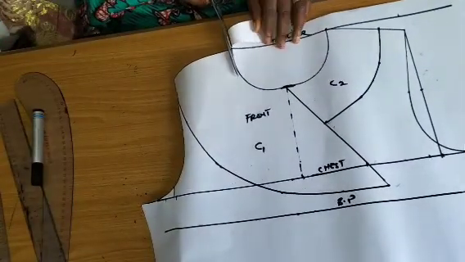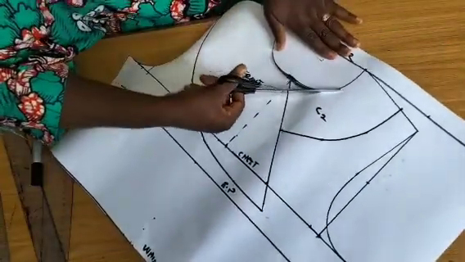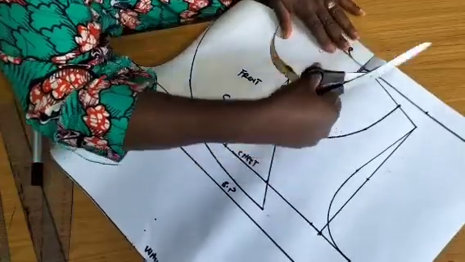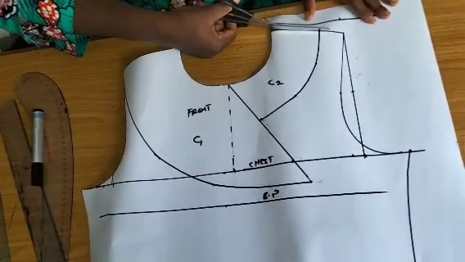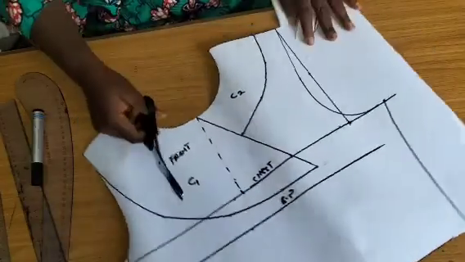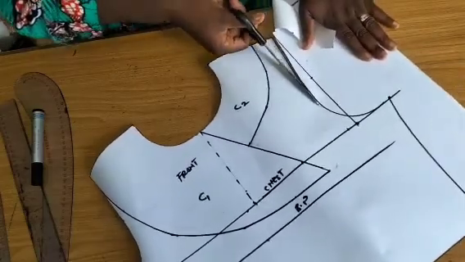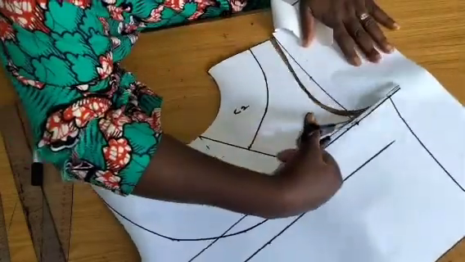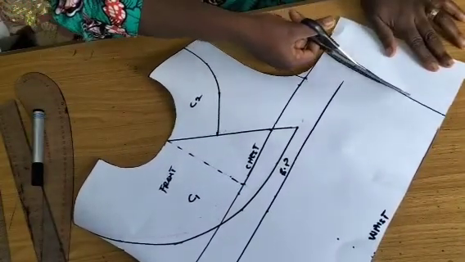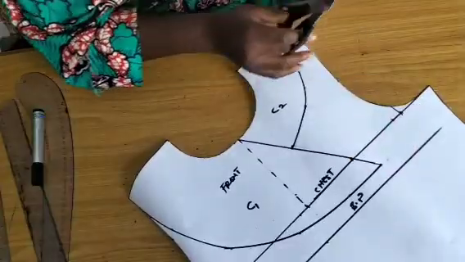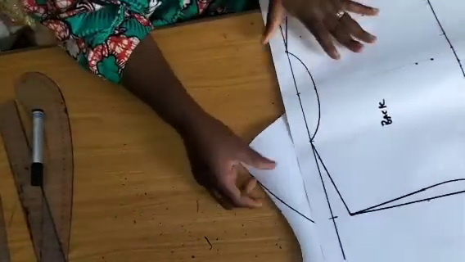So I'm cutting my bodice pattern on the neckline. Alright, so once that is done, the next thing we want to do is to bring the back pattern.